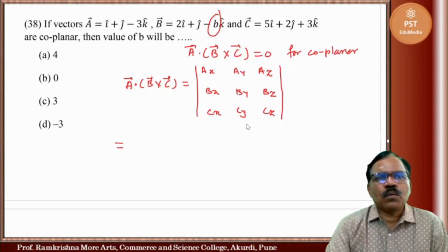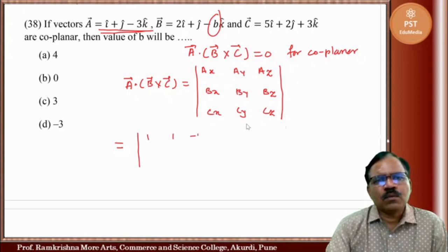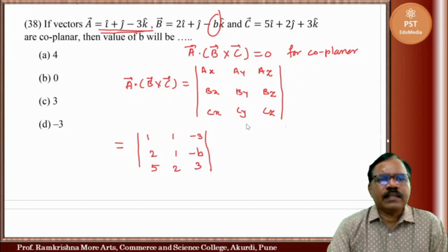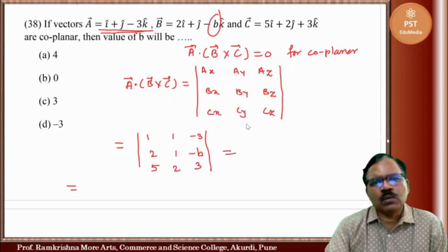Now this is vector A, so we get here 1, 1, minus 3. B is 2, 1, minus b, and C is 5, 2, 3, and then solve this, and this must be equal to 0.